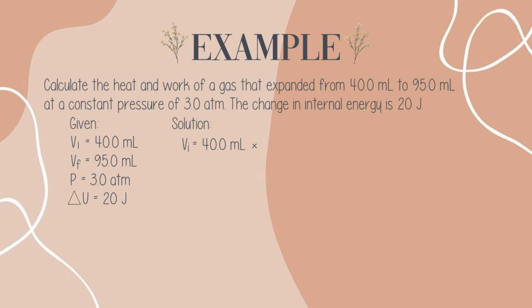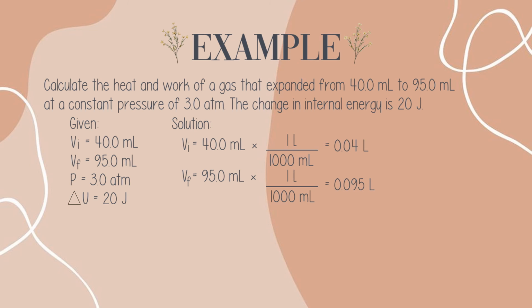milliliters to liters. So, the initial volume, which is 40 ml divided by 1000 ml, equals 0.04 liters. Now, the final volume, which is 95 ml, we convert it to liters. It would be 0.095 liters.